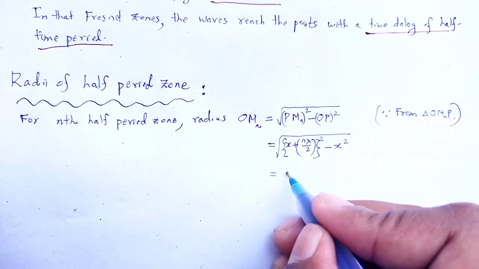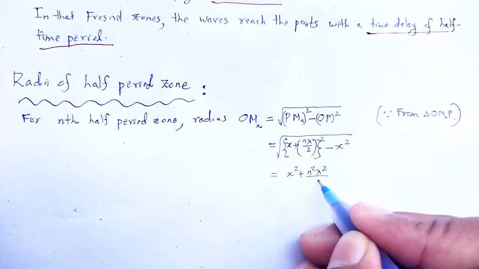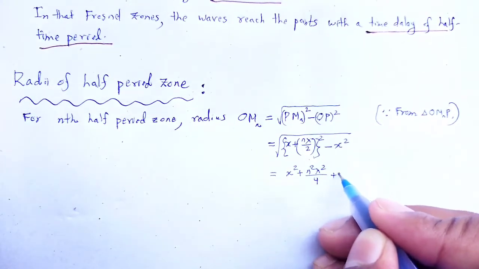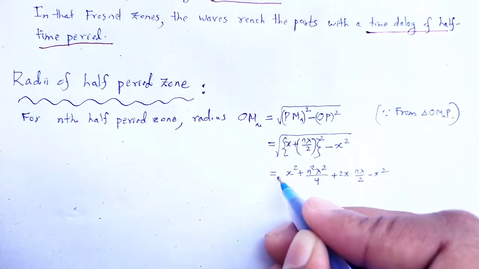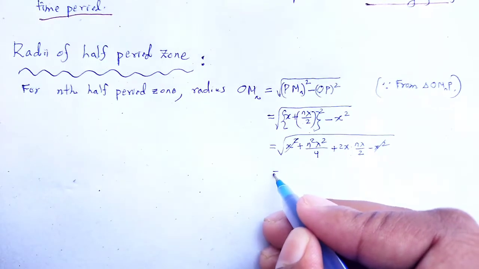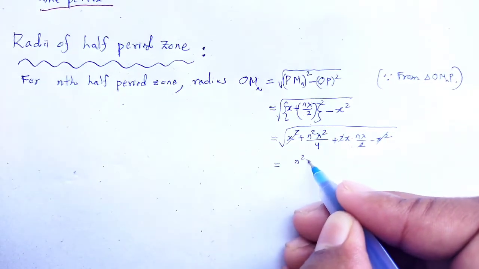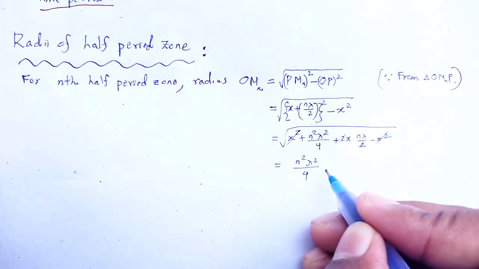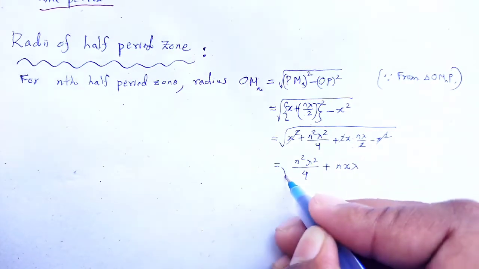Now (a plus b) whole square: here x square plus n square lambda square divided by 4 plus 2 x n lambda by 2, minus x square, under root. Here x square cancels out, and inside the bracket the 2 cancels out. So we have n square lambda square by 4 plus n x lambda, under root.